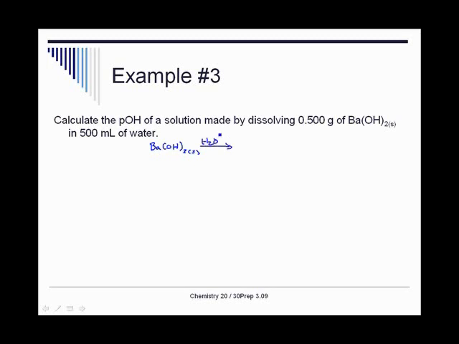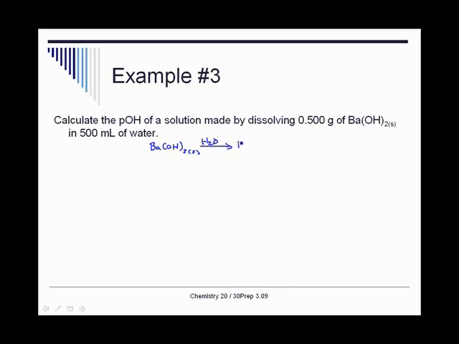The first thing we're going to do is check our solubility table and make sure that barium hydroxide actually dissolves. If we take a look at our solubility table, page 6 of your data booklet, in the hydroxide column, at the bottom of the first row, we see barium there, which means it does dissolve.